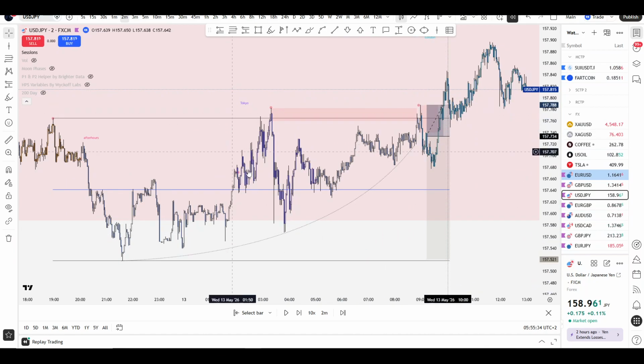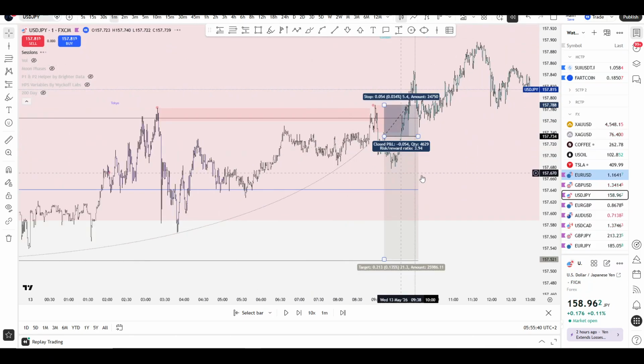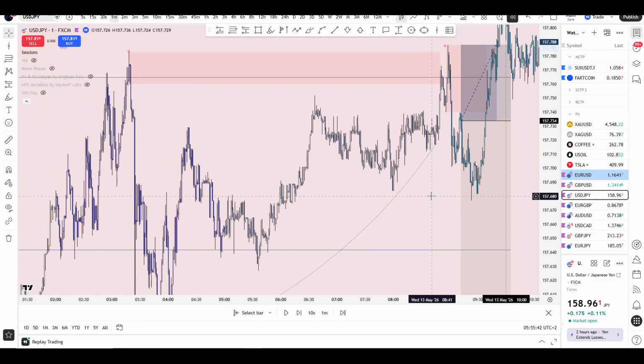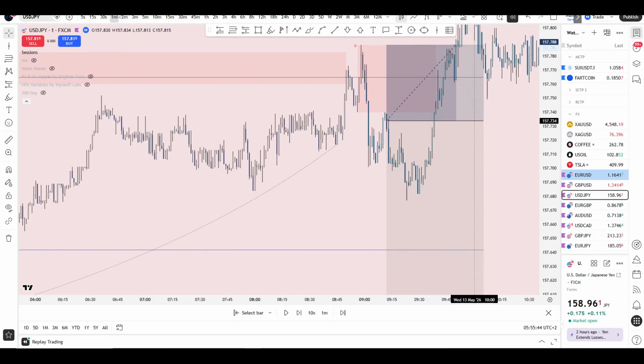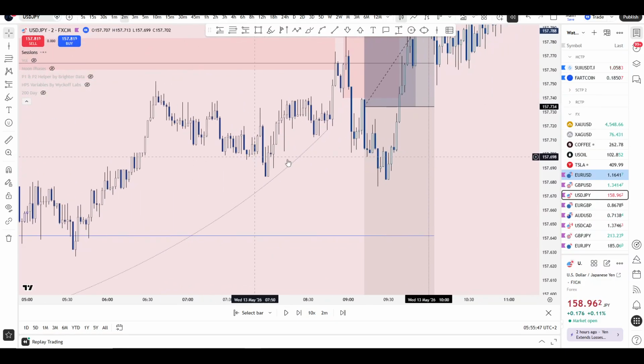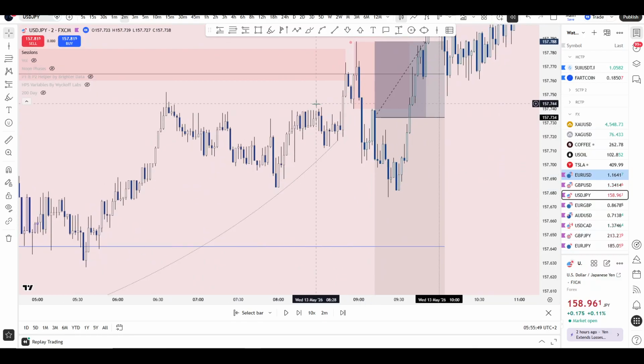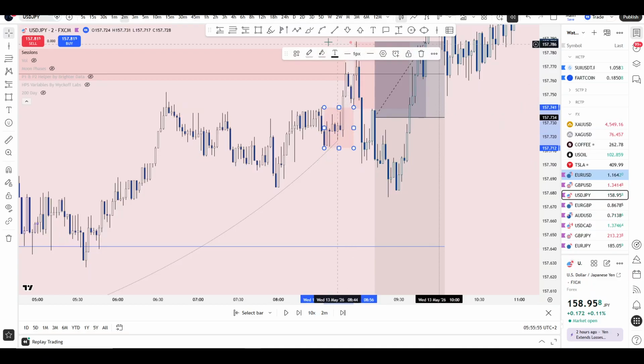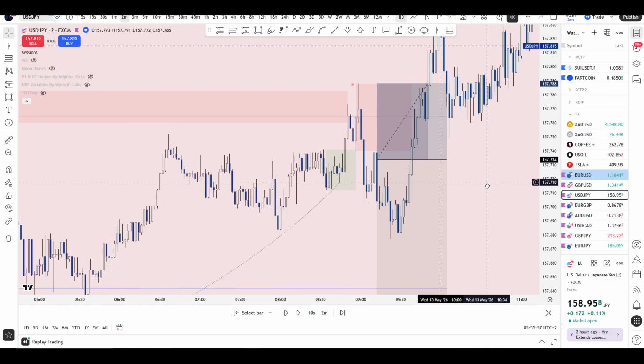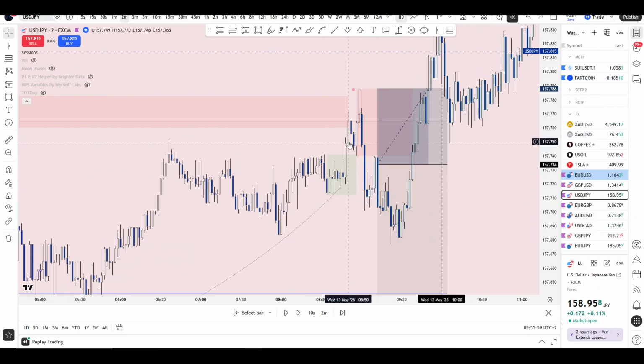Okay. So what happened here? We had our 2-minute OBIF. I was looking at this price action here, and what I really liked is that we had demand here, and we had a bit more of an aggressive move pre-London.